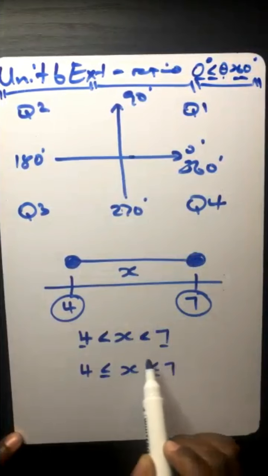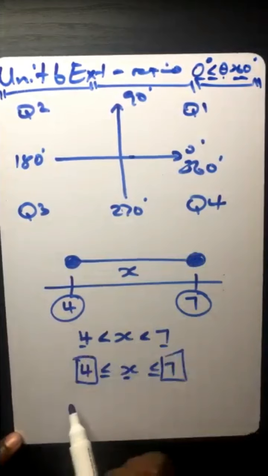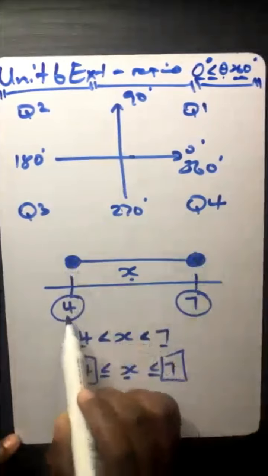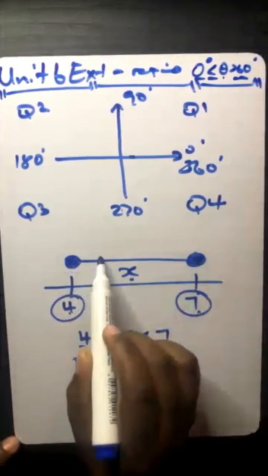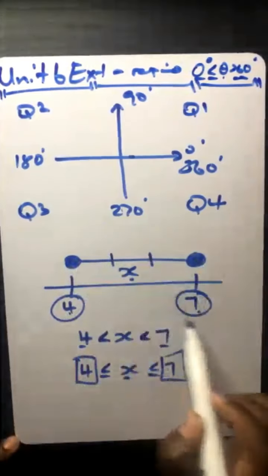So still the same thing, x is between 4 and 7. This equals sign actually includes that 4, to say this x can still be 4, 5, 6, and it can still be 7. But with this one, x is between these two. So it starts at 5, then 6, and this 7 is not included.